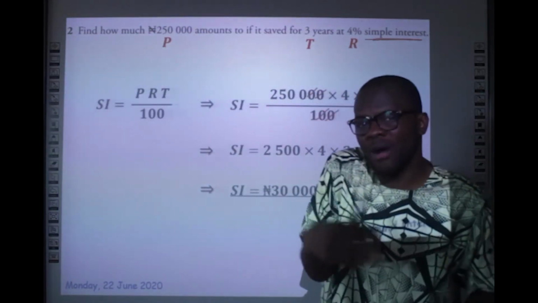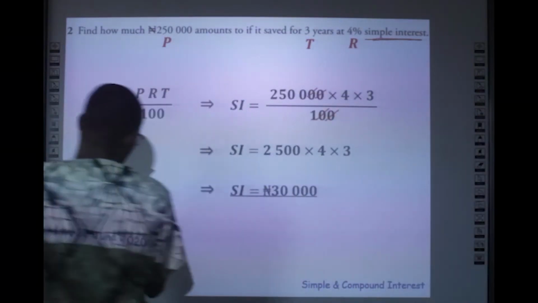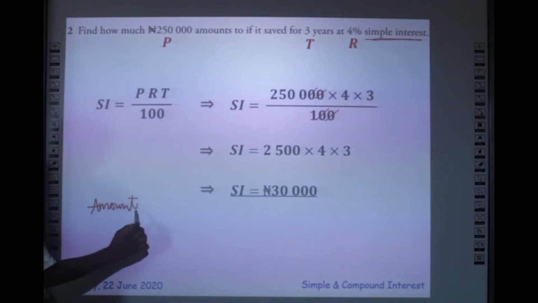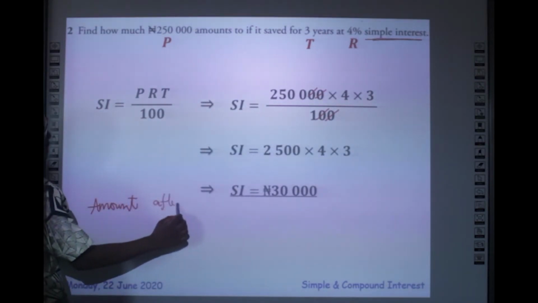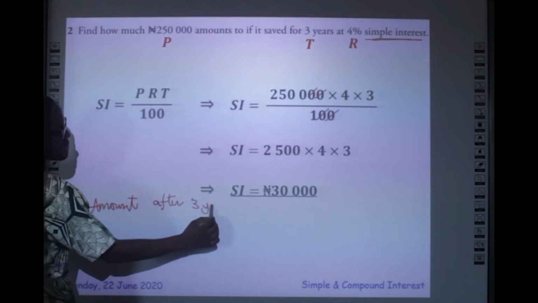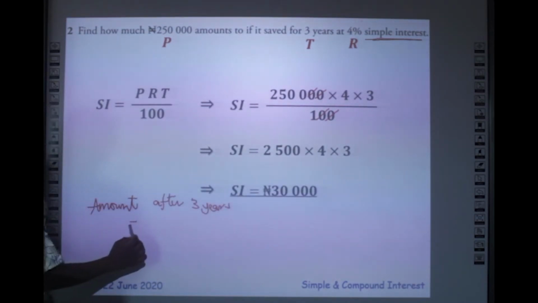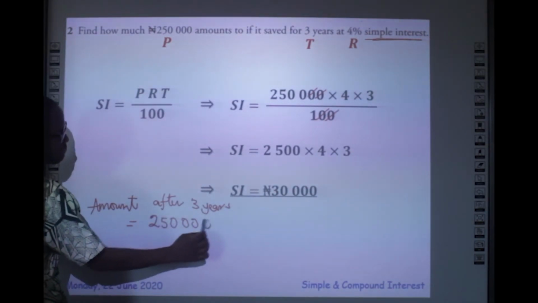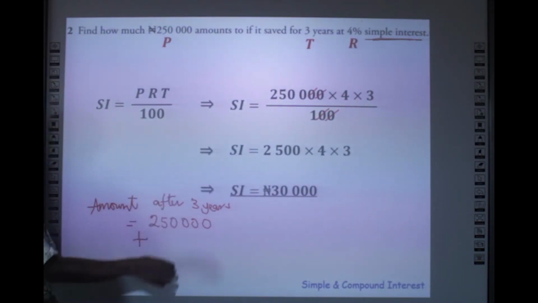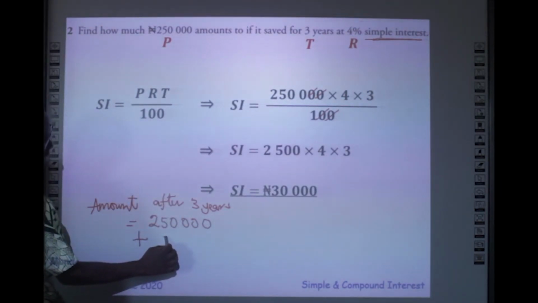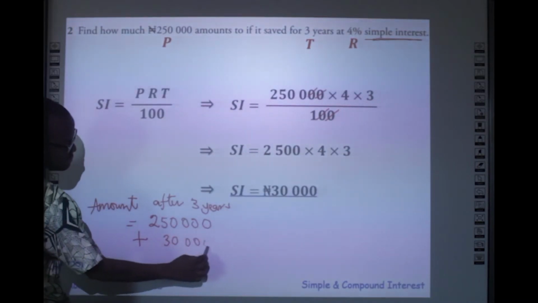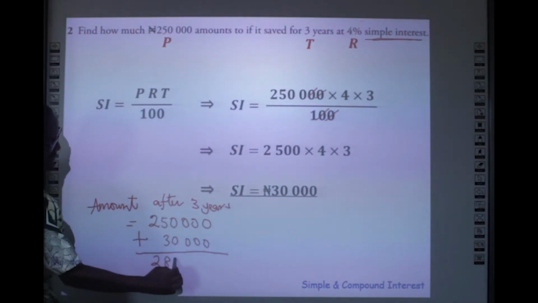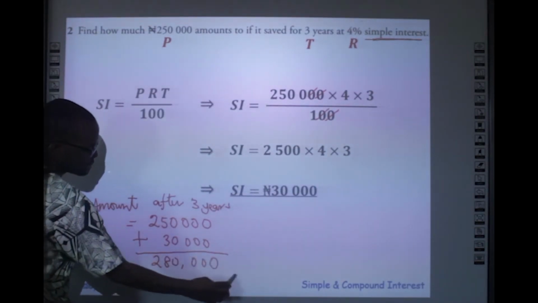So the amount after 3 years will be the principal, 250,000, plus the interest, which is added on top after 3 years, that's 30,000. And so the total amount will be 280,000 naira.